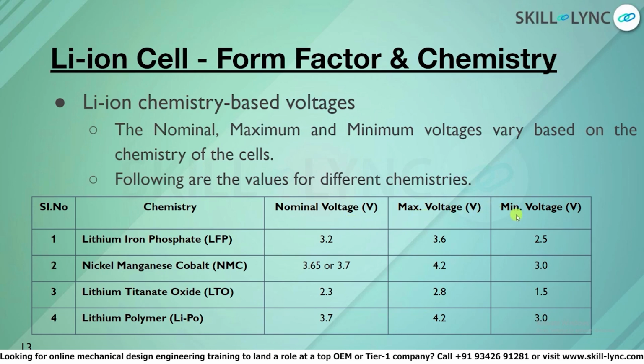And then we have a maximum voltage, and then we have a minimum voltage. Maximum voltage is the voltage when you fully charge the cell, and that is how you reach a maximum voltage window. And minimum voltage is when you fully discharge the cell, you reach the lowest point of the voltage window, that is called the minimum voltage.